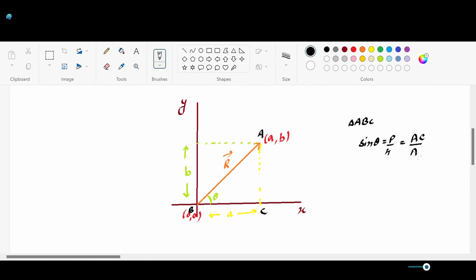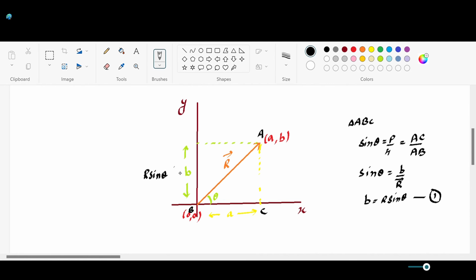AB, right? If I write their values, sine theta: AC is nothing but our coordinate b, and AB is nothing but our vector r. So b equals r sine theta. If you are familiar with r and theta, you can represent your y coordinate, b, equal to r sine theta. That's equation 1.